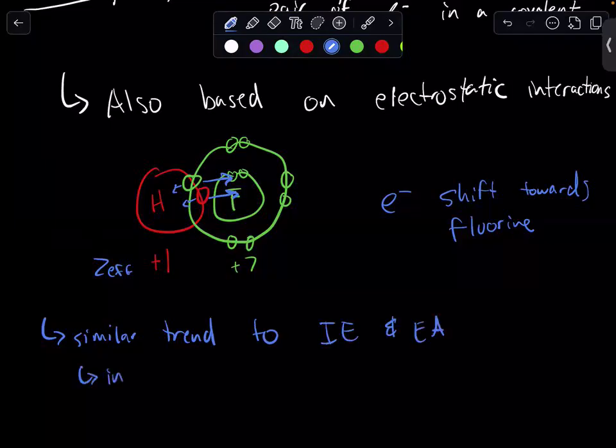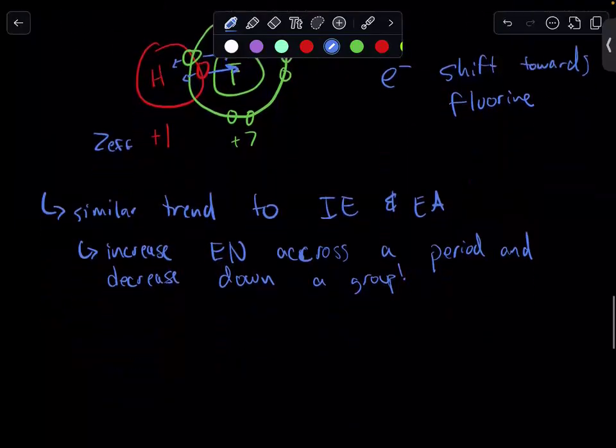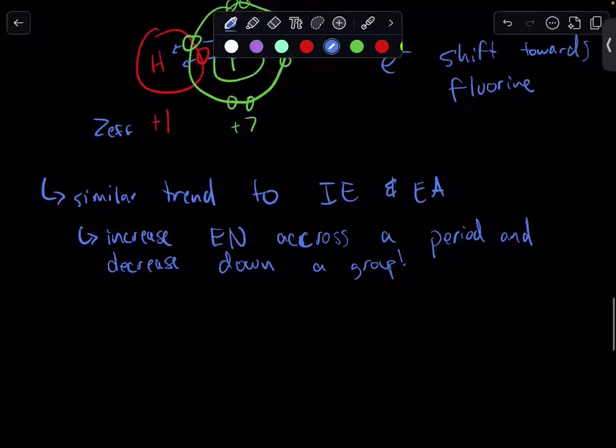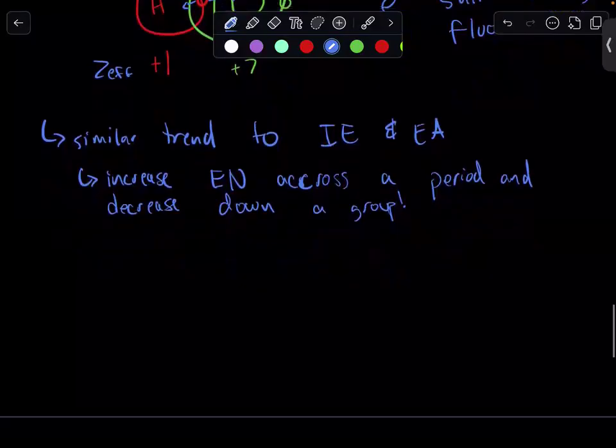We will increase electronegativity across a period and decrease down a group. So these all have similar trends for that same reason. As the atoms get smaller and the effective nuclear charge gets bigger, these values increase.